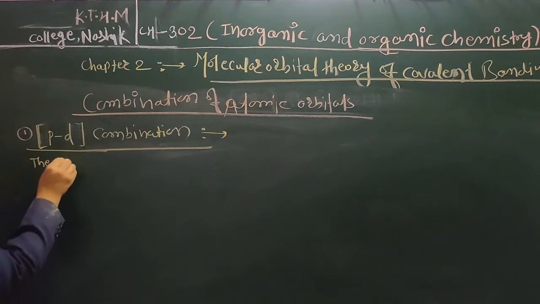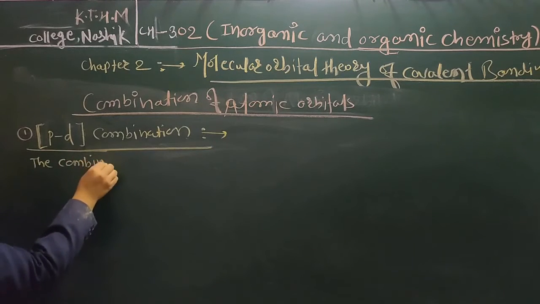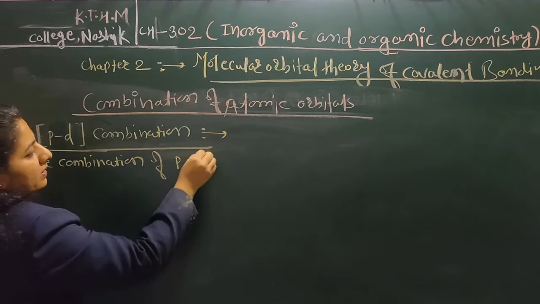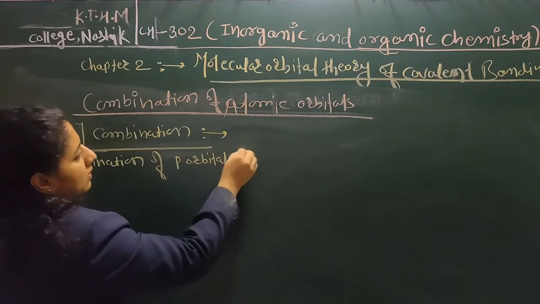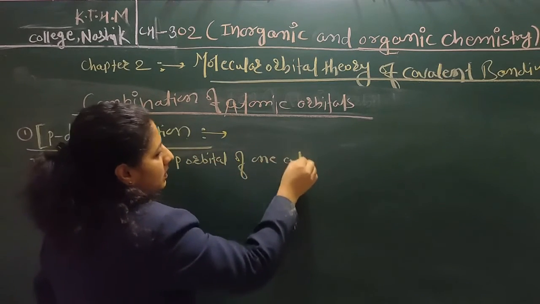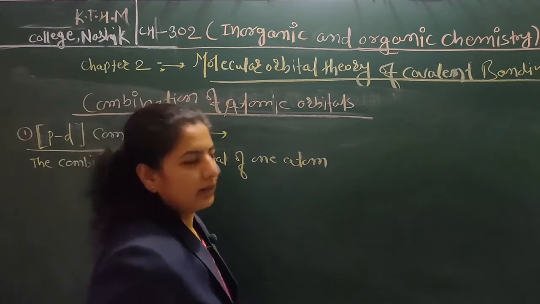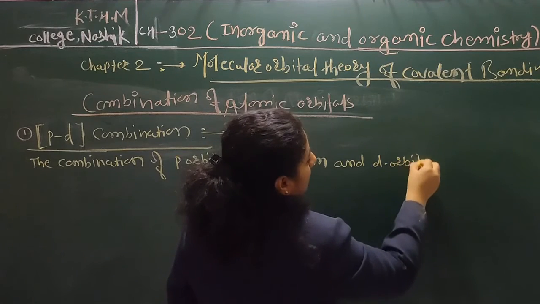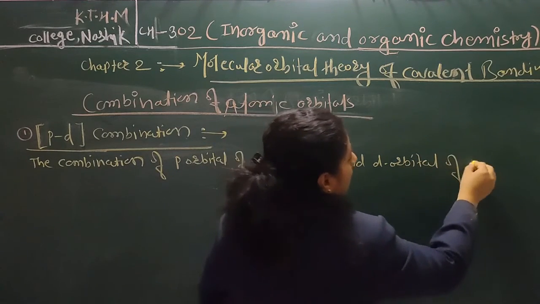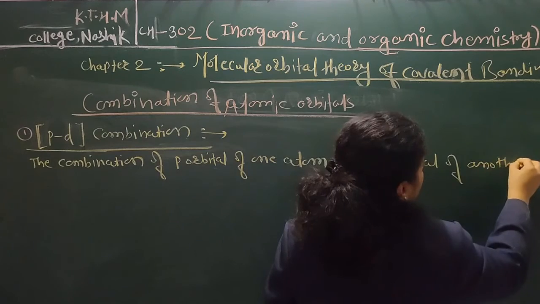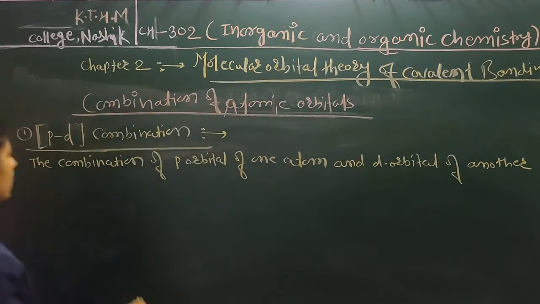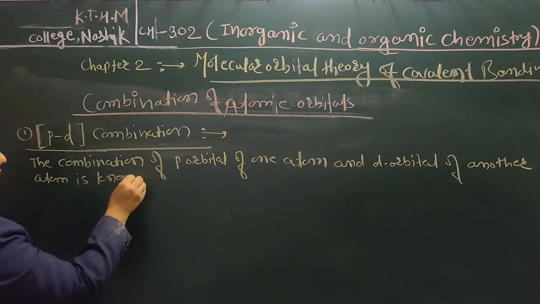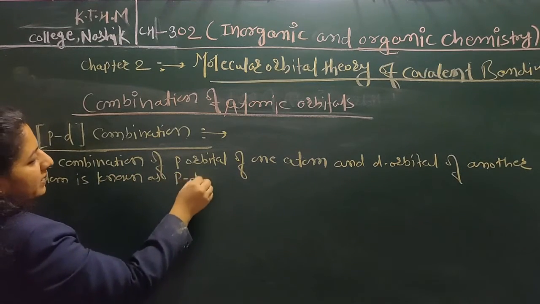The combination of a p orbital of one atom and a d orbital of another atom is known as pd combination.